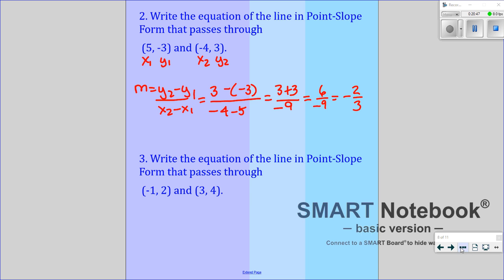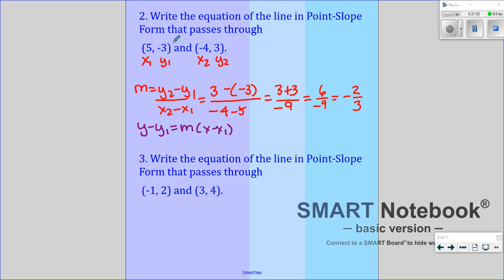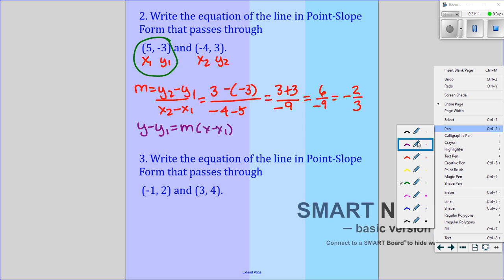Now I'm going to use the point slope form and choose one of the points. So let me write my point slope form. y minus y1 equals m times x minus x1. And I'm going to choose the first point, and then I'm going to just plug in everything that I need to plug in. And let me continue with purple.